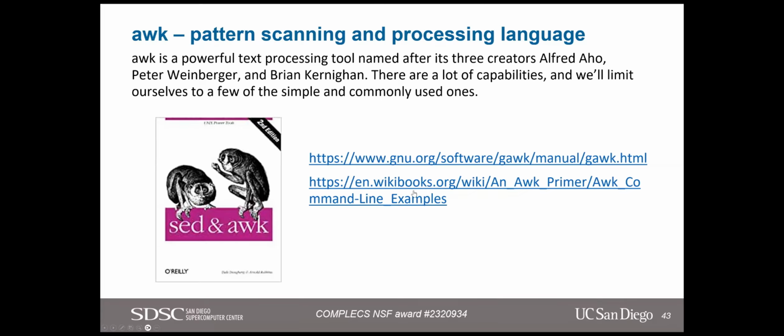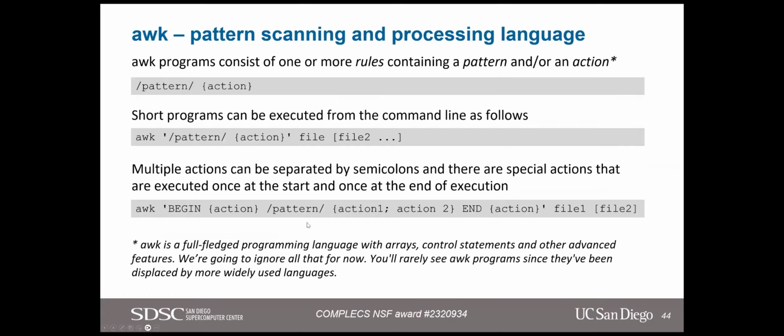The other thing that's nice, to make things efficient for you, is that awk is a programming language that comes with your shell, so you don't have to import any tools to use it. The way awk works is it consists of one or more rules that contain a pattern and then an action.